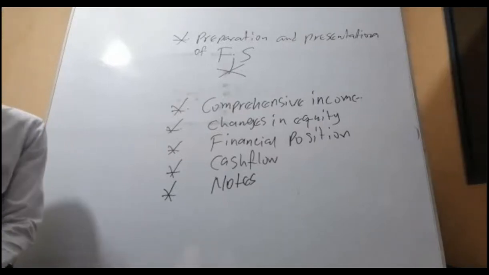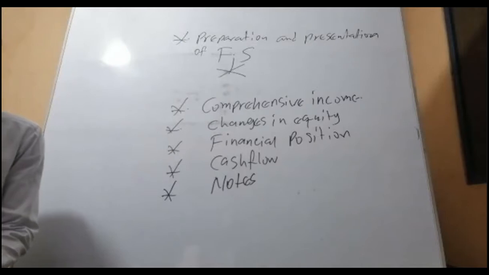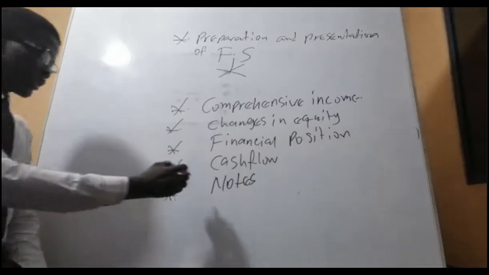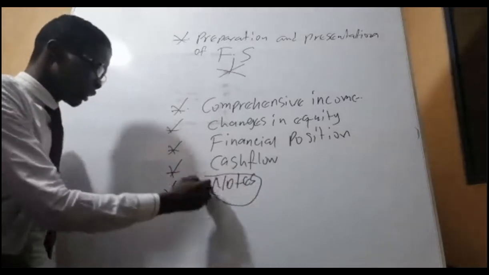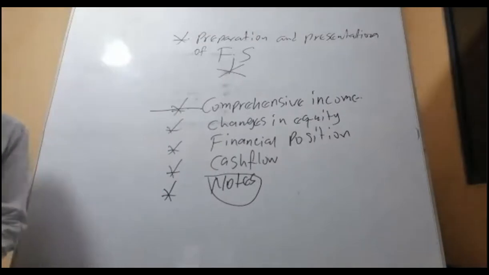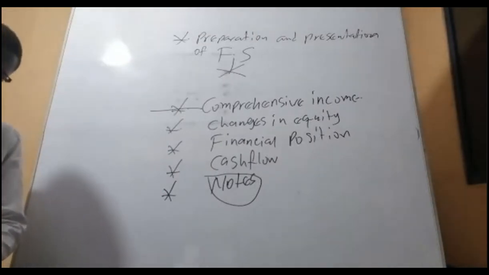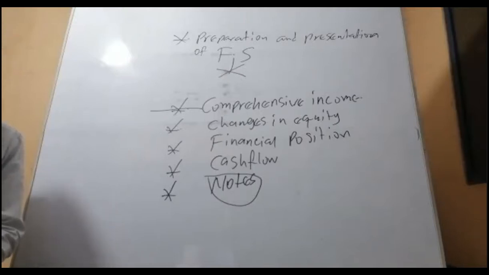So first, the comprehensive income, changes in equity, and then the financial position, then the cash flow, the notes. Let me start from the comprehensive income. That's the profit and loss account. The full version is statement of profit and loss and other comprehensive income for the year ended. So that is the comprehensive income.